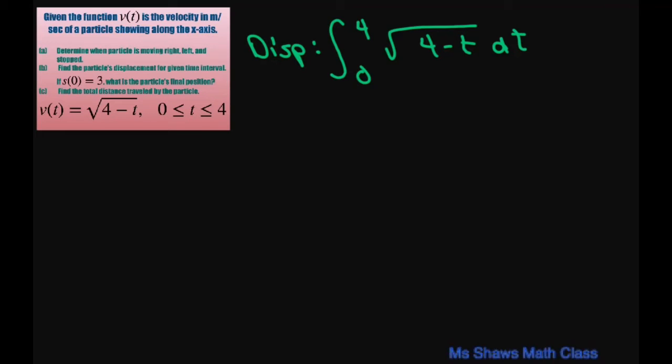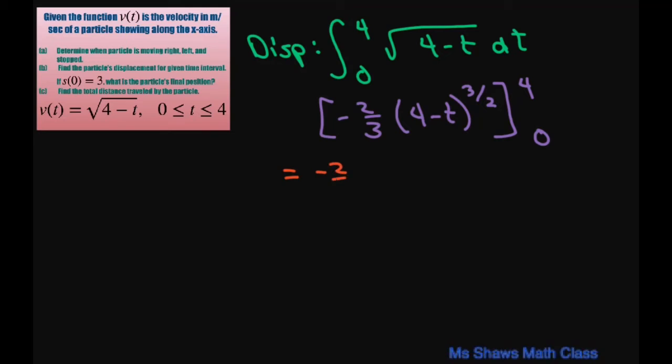So when you integrate this, you're going to get negative 2/3 times 4 minus t to the power of 3/2. We evaluate that from 0 to 4. So when you do that, you're going to get negative 2/3 times 0. Then when you plug in 0, you're going to get a negative 8.